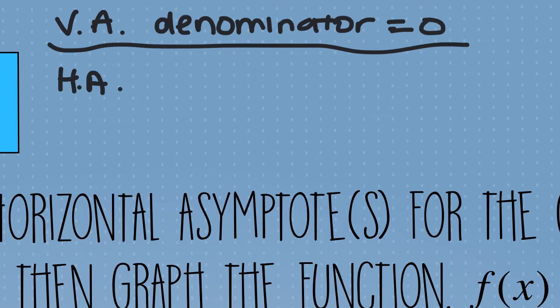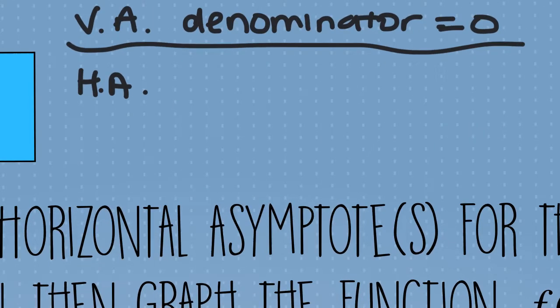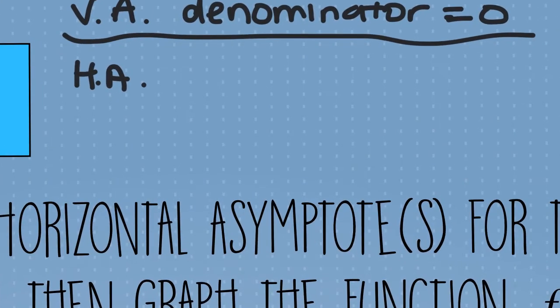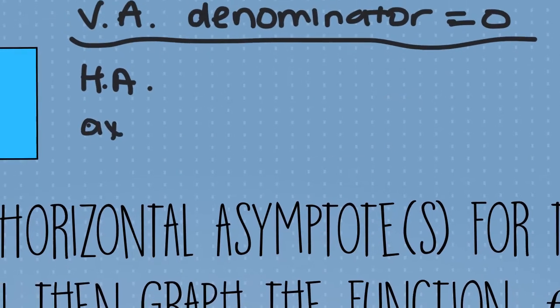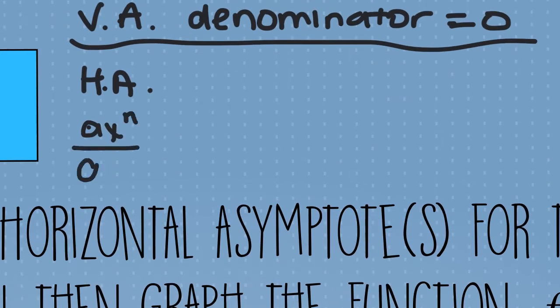So to determine which case it is, you have to look at the degree of the numerator and the degree of the denominator. So let's say it's a x to the n for your numerator and a x to the m for your denominator. So the highest exponent in each is what you're looking at, not always first, but highest.